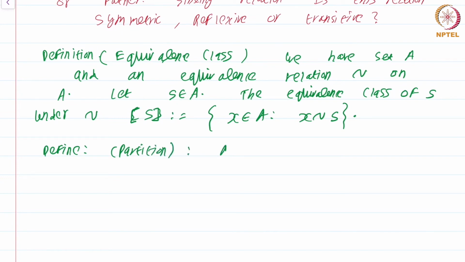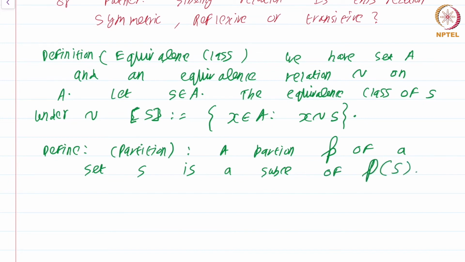A partition P of a set S is a subset of the power set of S. Recall, the power set of S is the collection of all subsets of S, such that, first point, the union of all the elements of P. Remember, each element of P is itself a subset of the original set S. So, it makes sense to take the union of this collection. This is going to be the whole of S.